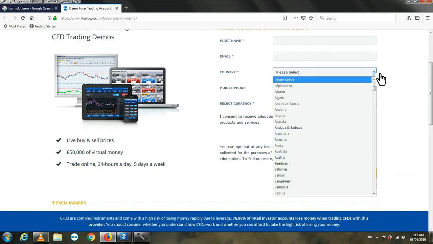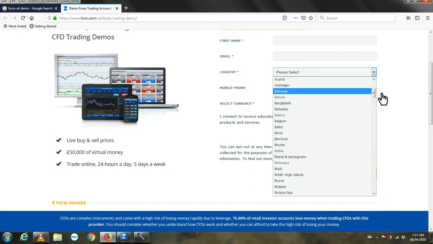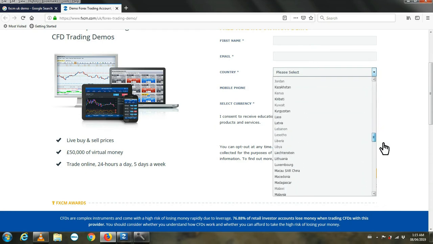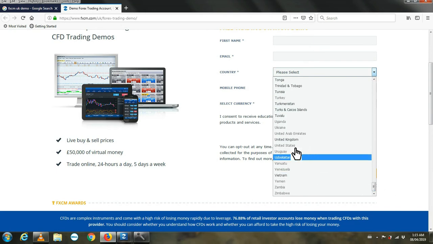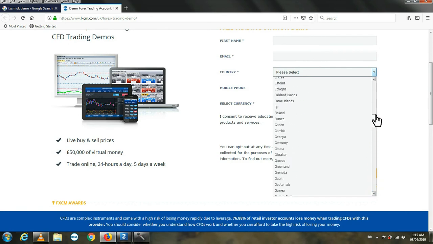Now make sure when you put country of origin you put UK, because believe it or not, when you find the United States on here, United States isn't allowed, and I don't think Canada is either. Let's see here.